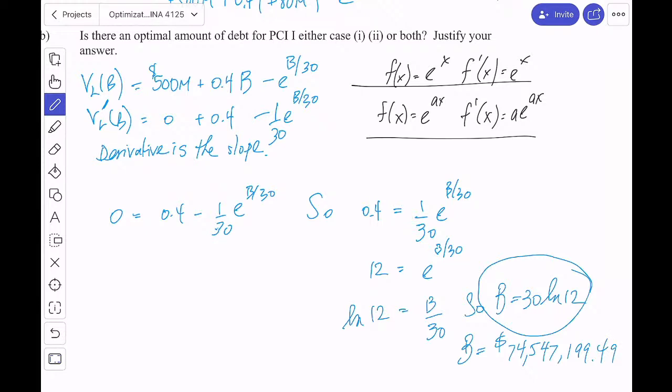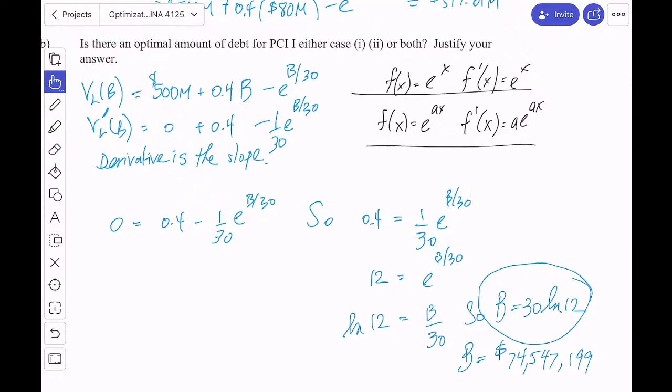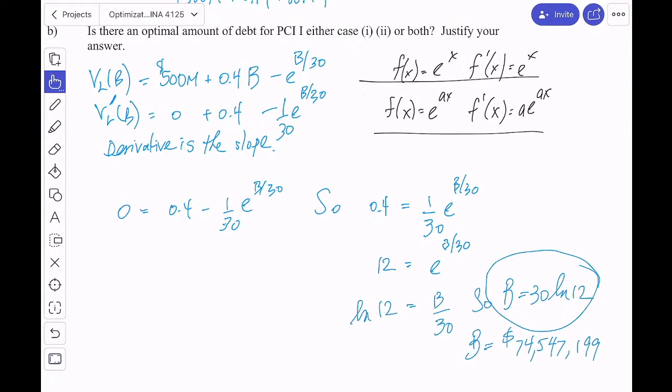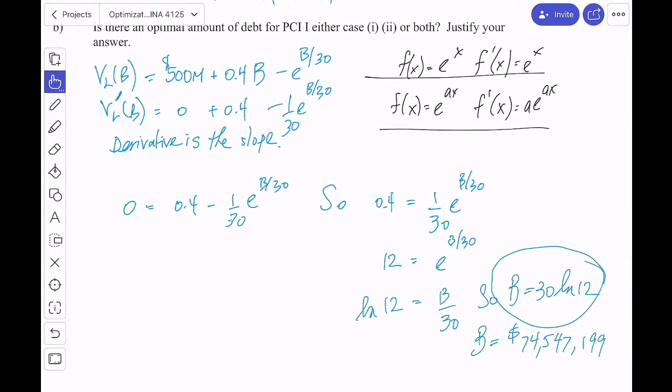I guess I can eliminate the decimals for this one. So almost $75 billion is the optimal level of debt. And in this example, we're operating with 80, right? So we went over.